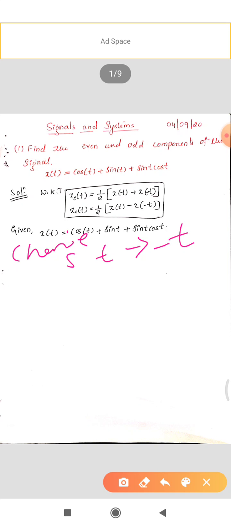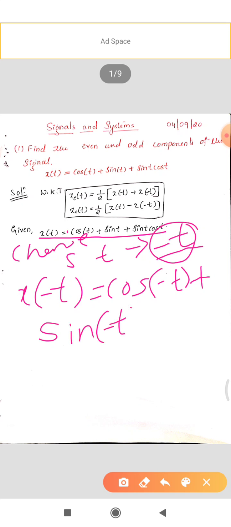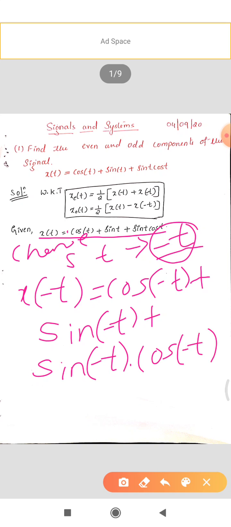Substitute this minus t in the entire equation, that is x of minus t. x of minus t is equal to cos, wherever t is, change that with minus t, so cos of minus t, then plus sine of minus t, then plus, there are three factors, first, second and third, that is sine of minus t into cos of minus t. Okay, you have substituted it. Let's write what we get.